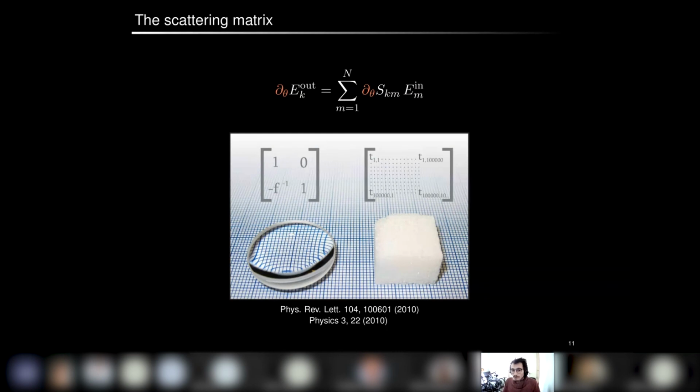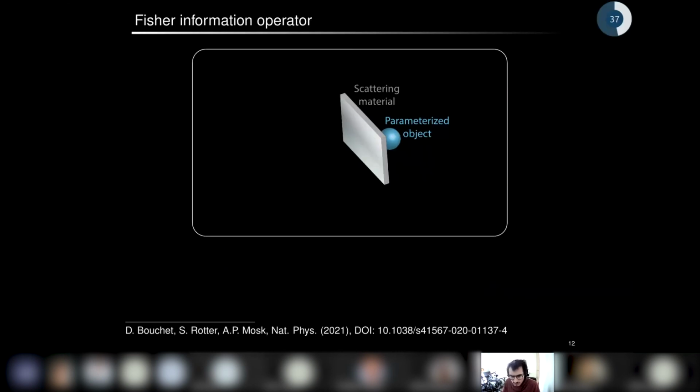Okay, so now that we have this tool in our head, let's describe the generic situation that I talked about at the beginning with this formalism. We are considering a parameterized object, which is located behind a scattering material. And this whole system, we describe it by the scattering matrix.